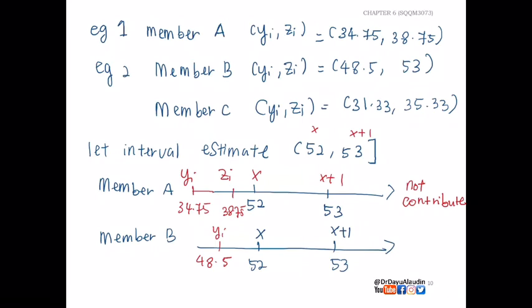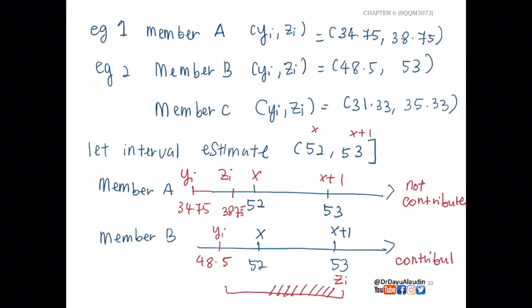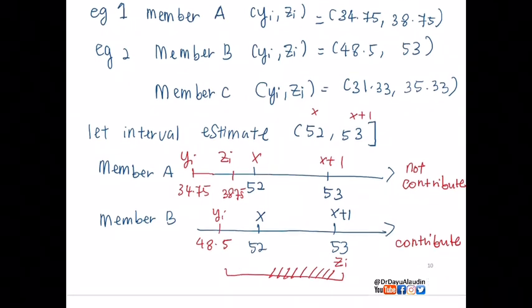So zi is also 53. So the entry age and the exit age share the same point in the interval estimate at one point. So we consider member B as contributing in the interval estimate.